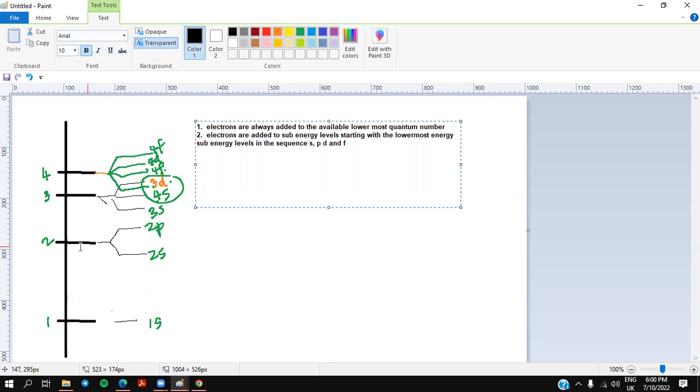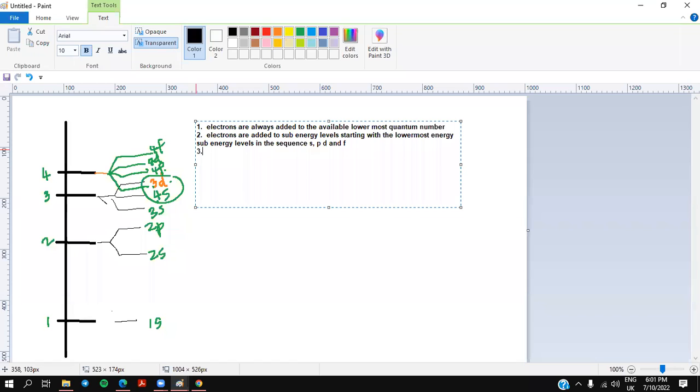It means if you go to second quantum number, first electrons come to 2s, and then electrons go to 2p. Afterwards, we go to the third quantum number, first to 3s, and then to 3p. Electrons are added to sub-energy levels, starting with the lowermost energy sub-energy level in the sequence S, P, D, and F.